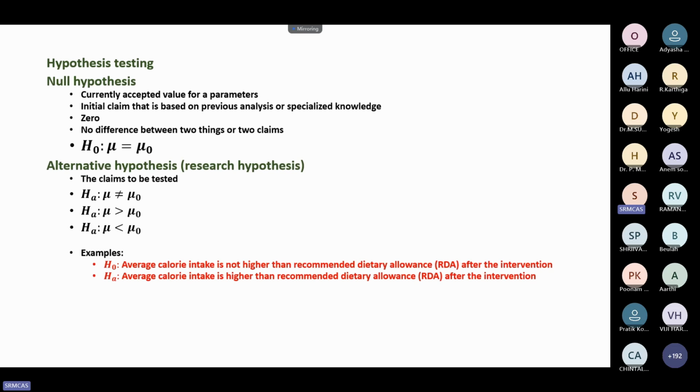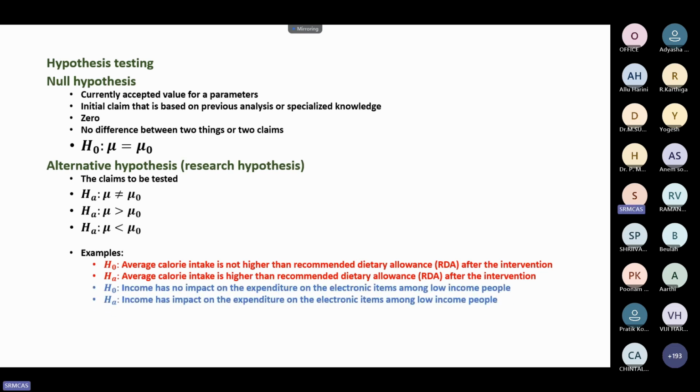Okay, so then the alternative hypothesis automatically becomes that there is an improvement in the average calorie intake due to the interventions. Like that, another example: income has no impact on the expenditure. Note that for the null hypothesis, income has no impact on the expenditure on electronic items among low income people.